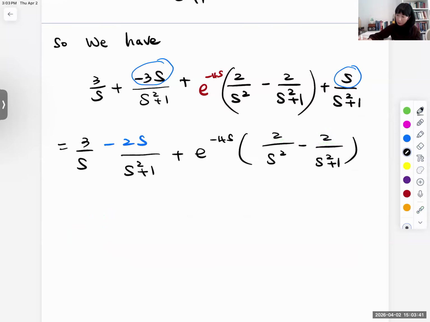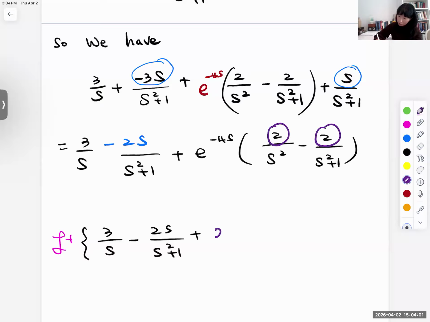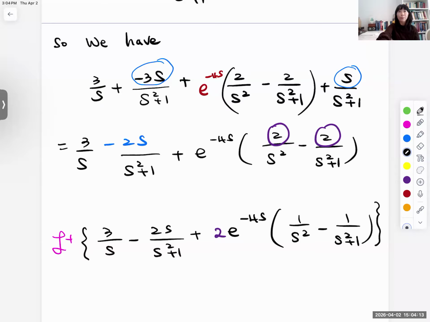So the inverse Laplace of 3 over s minus 2s over s squared plus 1, plus 2 e to the negative 4s times 1 over s squared minus 1 over s squared plus 1. Okay. Look.